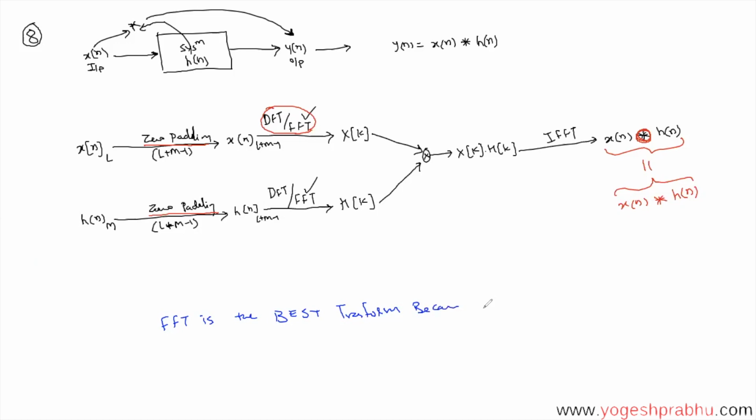Because one, it is fast, and two, it is an algorithm, in the sense of an algorithm or flow graph. Therefore, it is machine friendly.